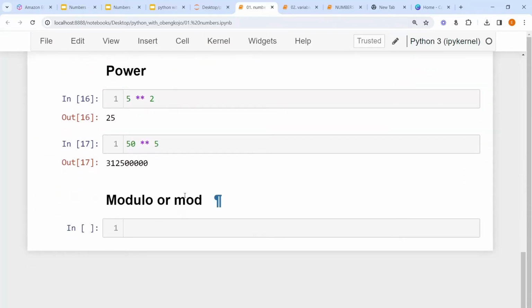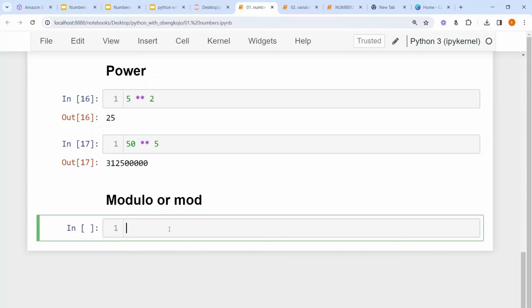All right. Going back to our elementary mathematics, whenever we divide something, if we divide 2 by 2, we'd say 2 remainder 0, 25 by 5, we would say 5 remainder 0, and 10 divided by 3 we would say 3 remainder 1. So that is exactly what the modulo or mod operator does. It returns the remainder after division. So let us just see how it works. I'm going to do 10 modulo 2, and the sign for modulo is a percentage sign.